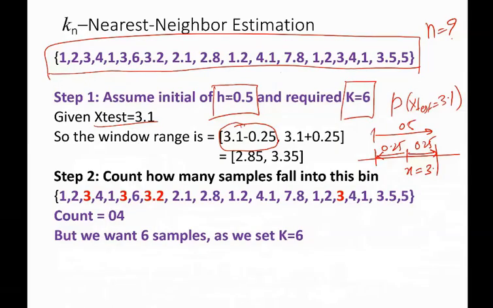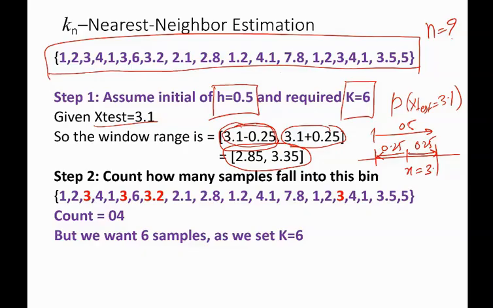So h equal to 0.5, that means half of that is 0.25. So 3.1 minus 0.25 is lower side, and 3.1 plus 0.25 is higher side. So total range for my window is 2.85 and up to 3.35.